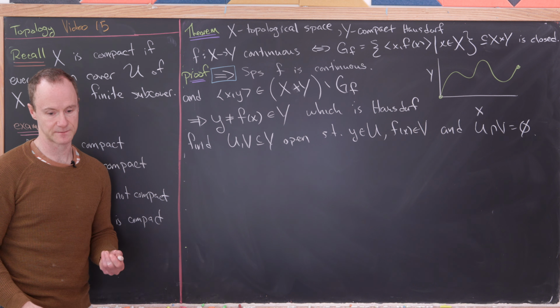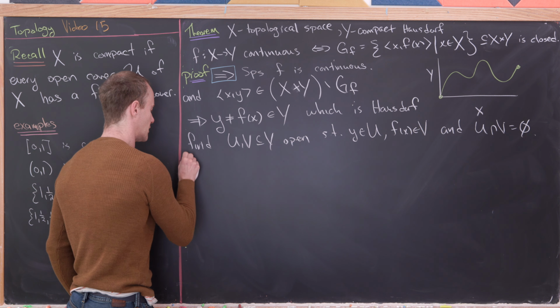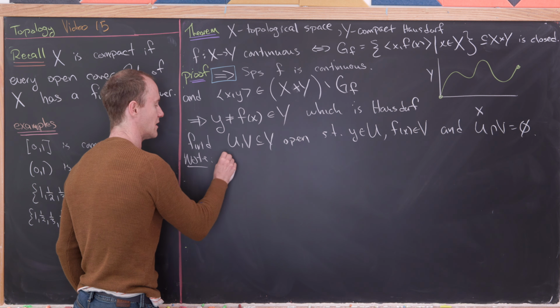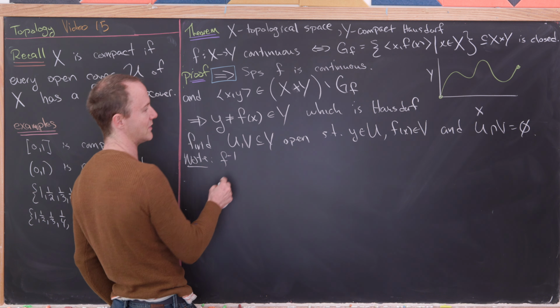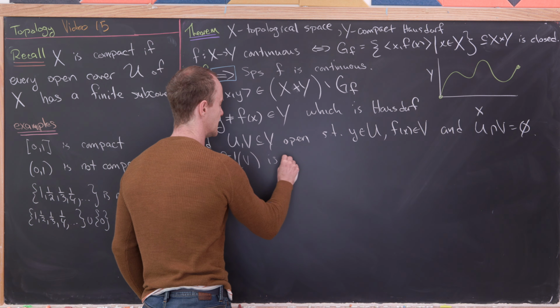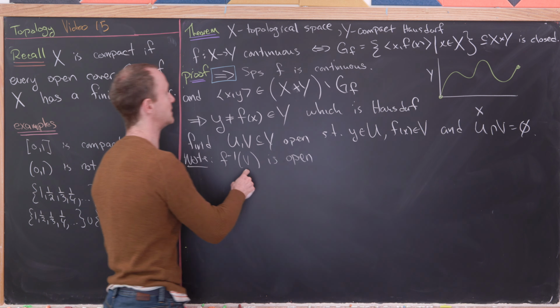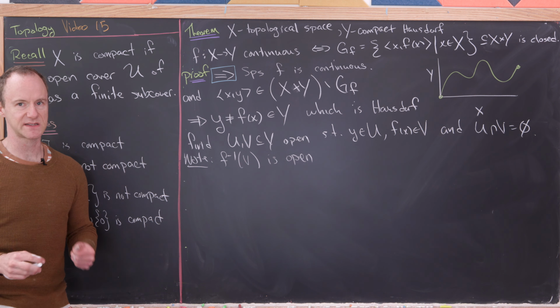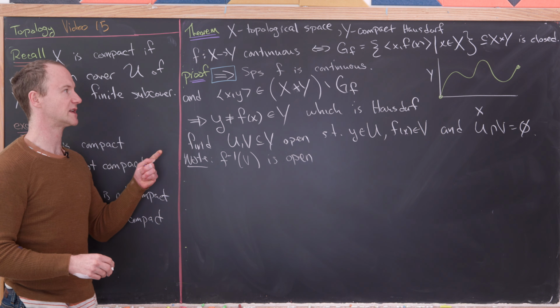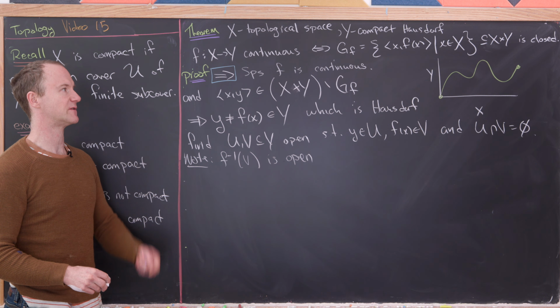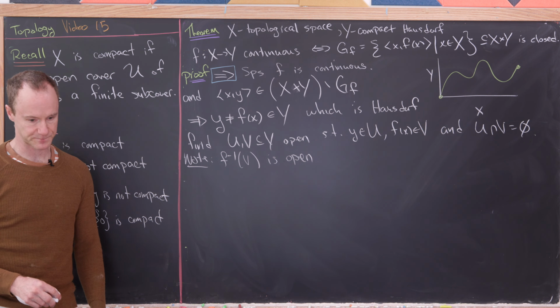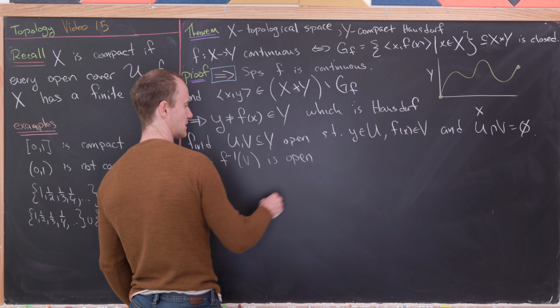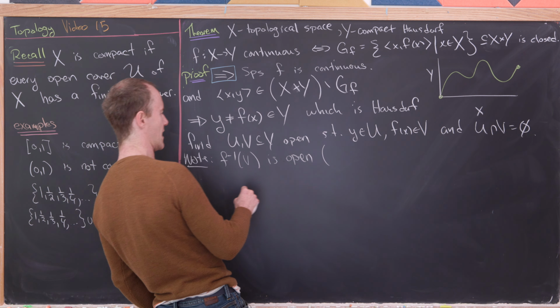Okay, nice. Then let's also note that we know that the pre-image of V is an open set. And that's because we've got a continuous function. So let's see what we've used so far. We've used the continuity of the function, and we've used the fact that Y is Hausdorff. Okay, then let's also note where is x.